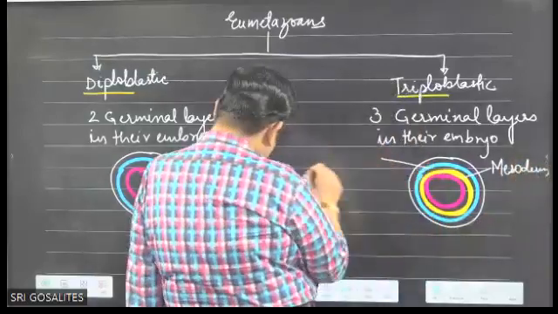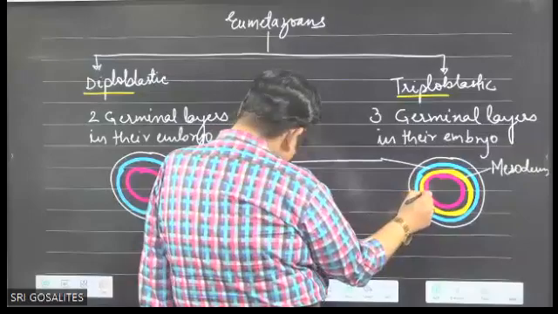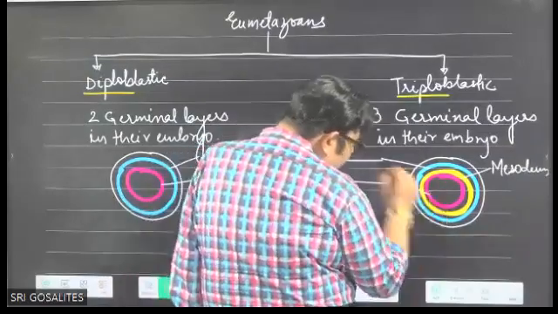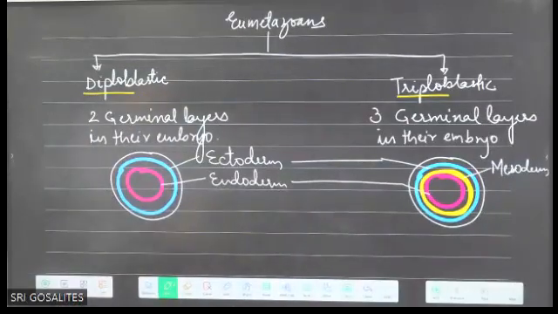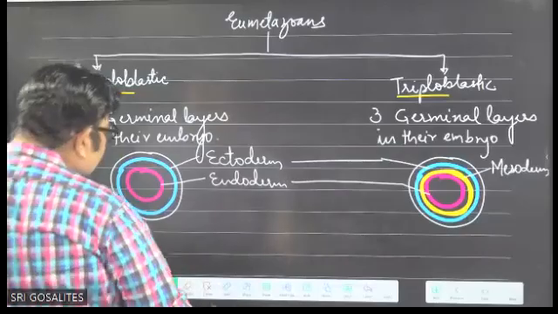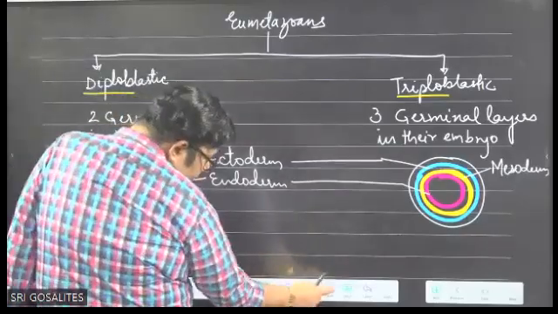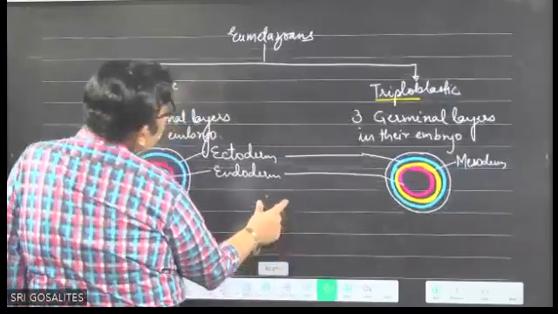The yellow one is called the mesoderm. So three germinal layers, and all the entire body organs are derived either from ecto, endo or meso. Are you guys with me? Wonderful, right?